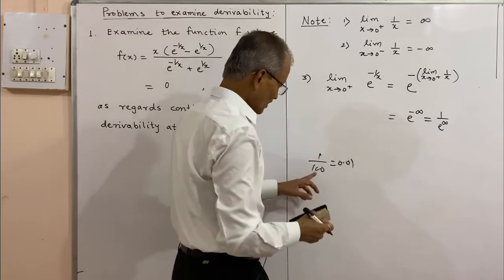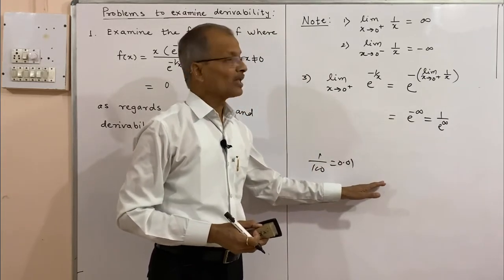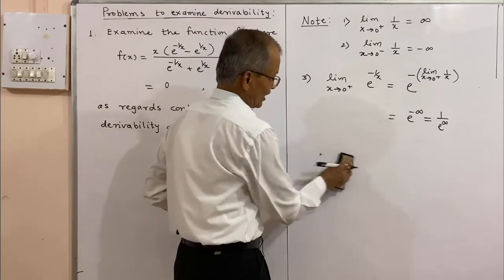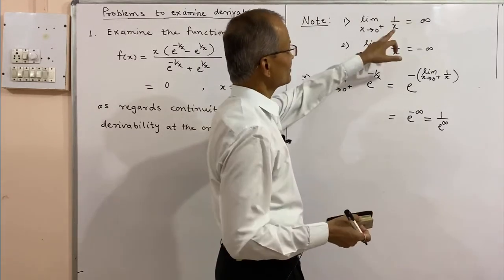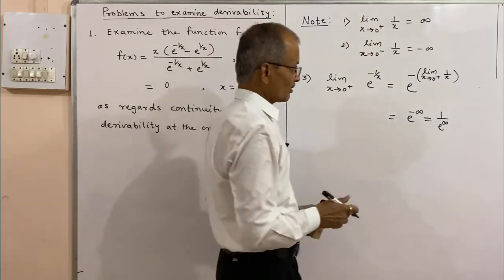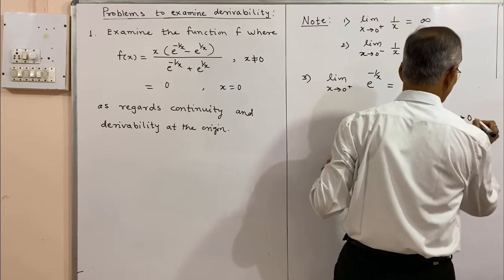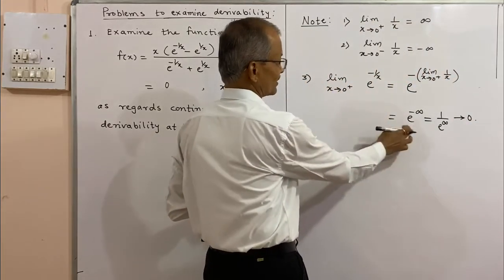If the denominator becomes bigger and bigger, the value tends to 0, and vice versa, if the denominator becomes less and less, the value becomes bigger and bigger. So this limit is 0.